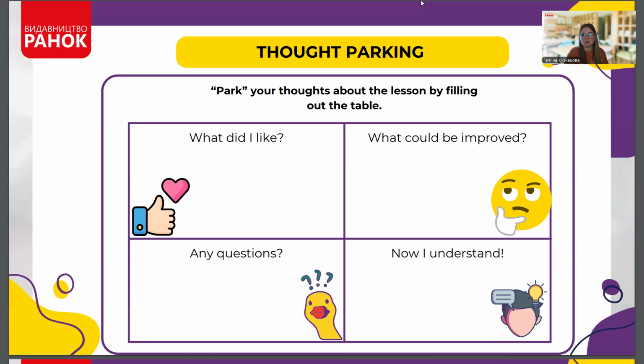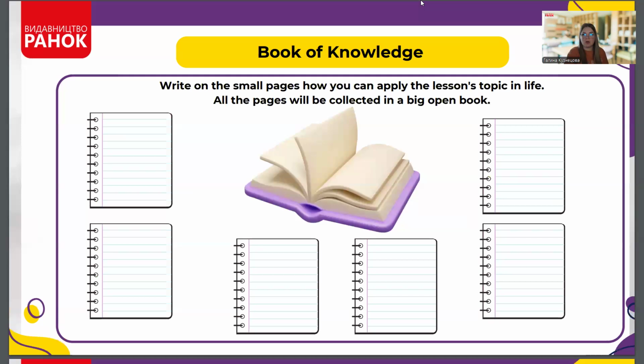What could be improved? Any questions? Now I understand. Or they can create a book of knowledge. They need to write on small pages how they can apply the lesson's topic in life, and all the pages will be collected in a big open book.